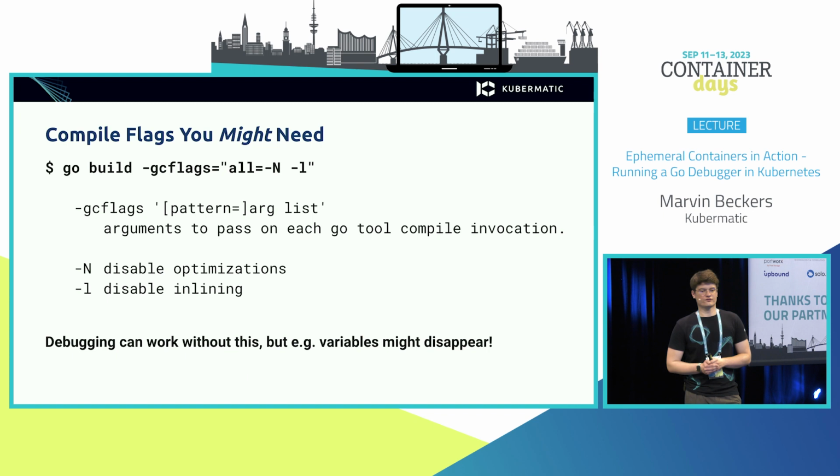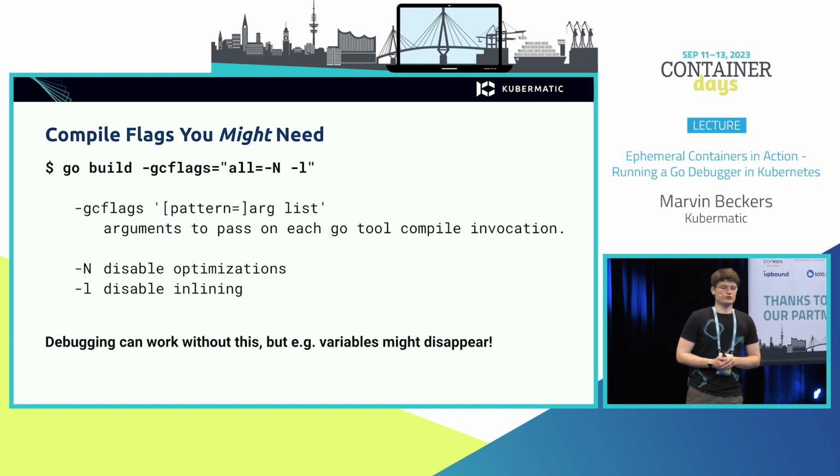This is a way to produce a debug build where you essentially know that what you see is what you get. Because usually the compiler thinks it knows better than us, and it will optimize away some of your code to make sure that the resulting binary is as efficient as the compiler thinks it can be.